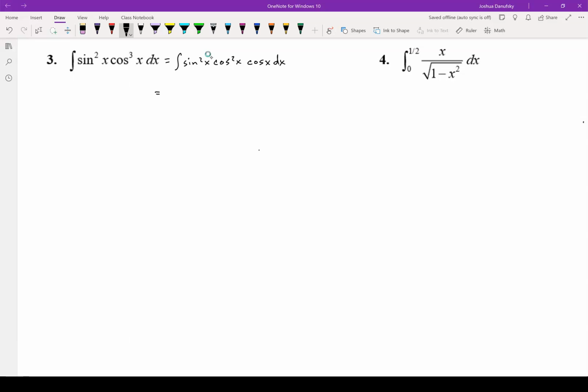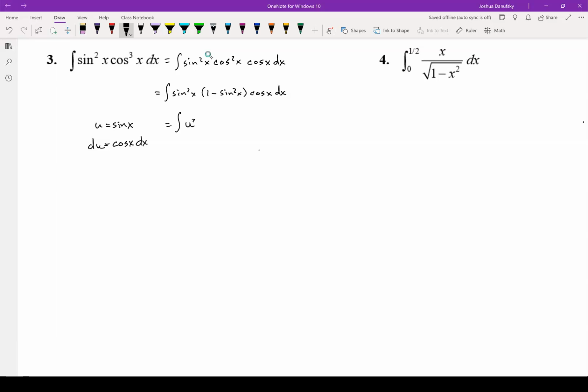Now we'll go ahead and replace our cosine squared x with 1 minus sine squared x, times cosine x dx. Now we can let u equal sine x, du becomes cosine x dx.